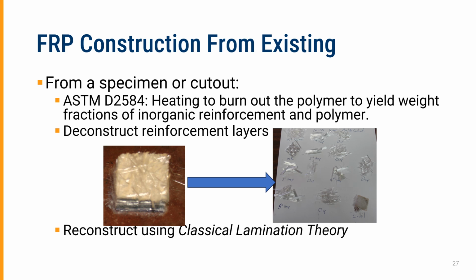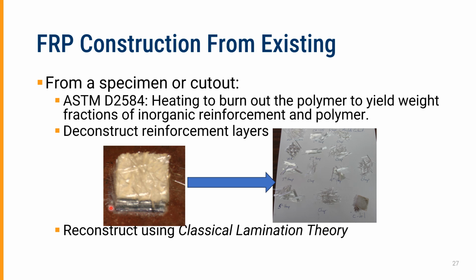We basically put it in an oven and heat it to burn the polymer out. And that allows us, with weight measurements before and after, to determine the weight fraction of inorganic reinforcement and polymer. If you add organic reinforcements, this can be a problem because they'll burn away. But for glass, it's great.